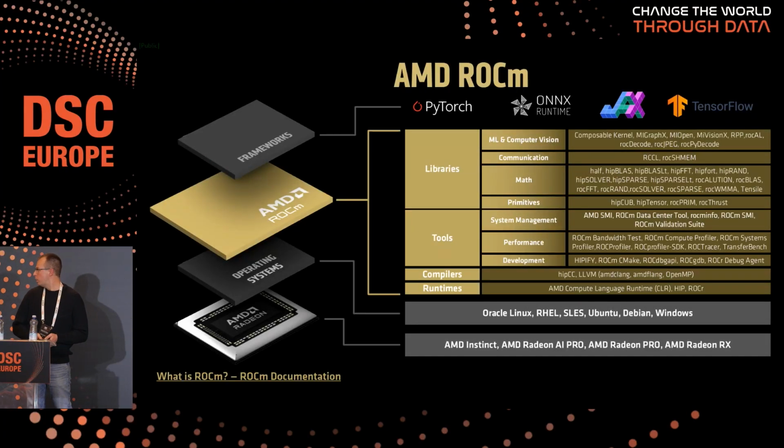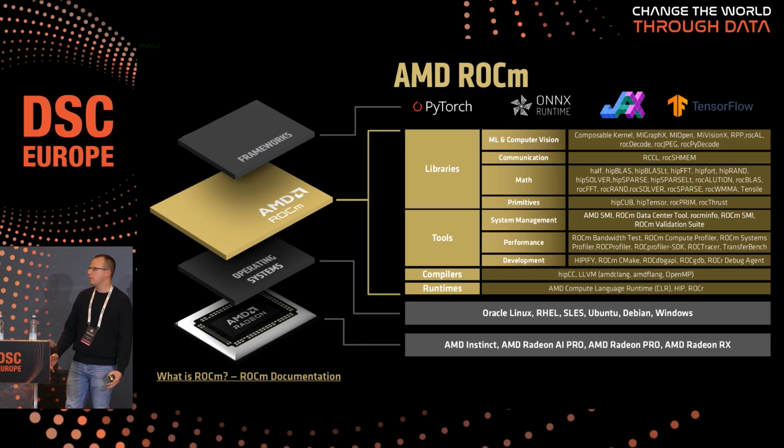So this is what it looks like. As part of the ROCm software stack, we provide the runtimes, compilers, tools, libraries, and it all integrates into most popular ML frameworks such as PyTorch, ONNX Runtime, JAX, etc. Really the point of the ROCm stack is to allow you to work at your preferred level of abstraction.